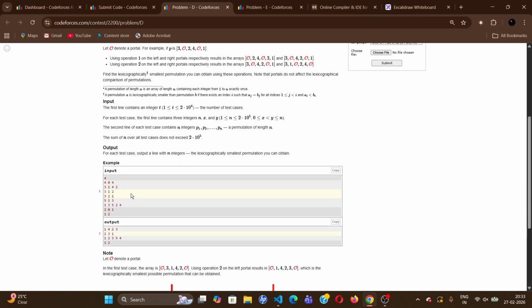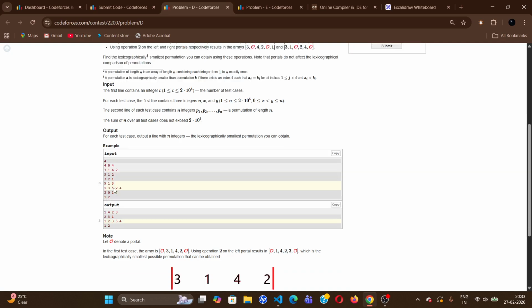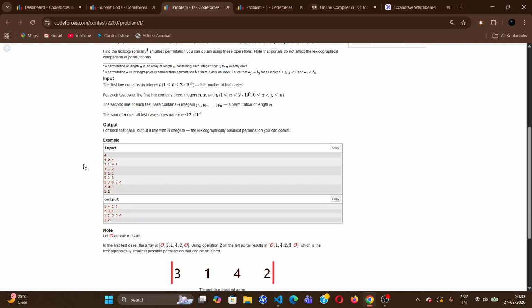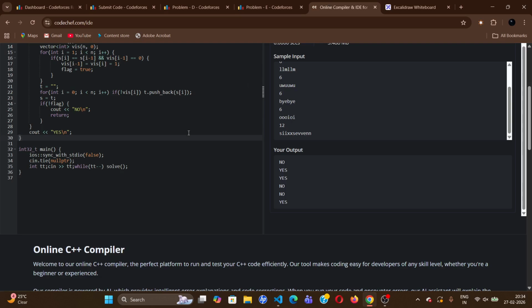And it is a permutation. Okay, so it is easier. So inside those portals, it will be like taking the first element first for lexicographic order. So we'll try to take the first element first, right? Yeah, just two cases combined together.